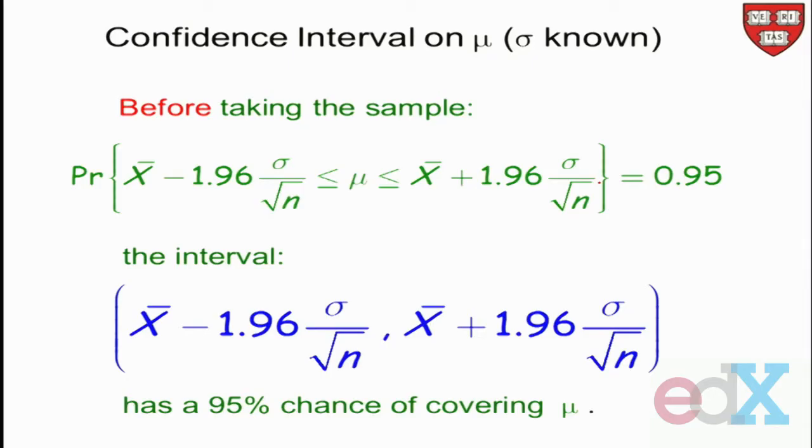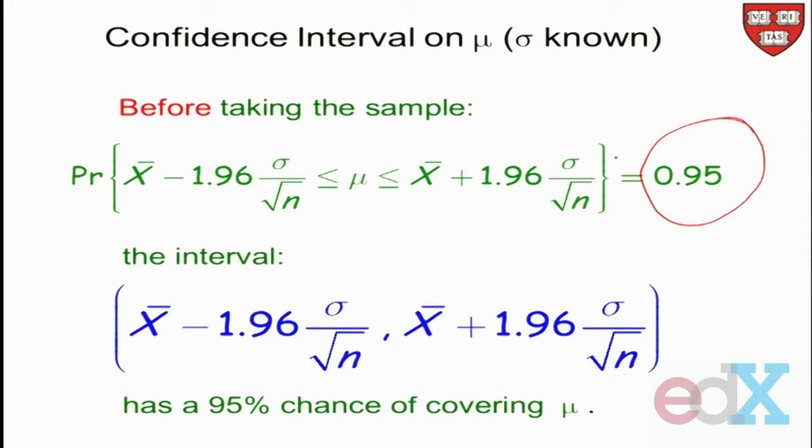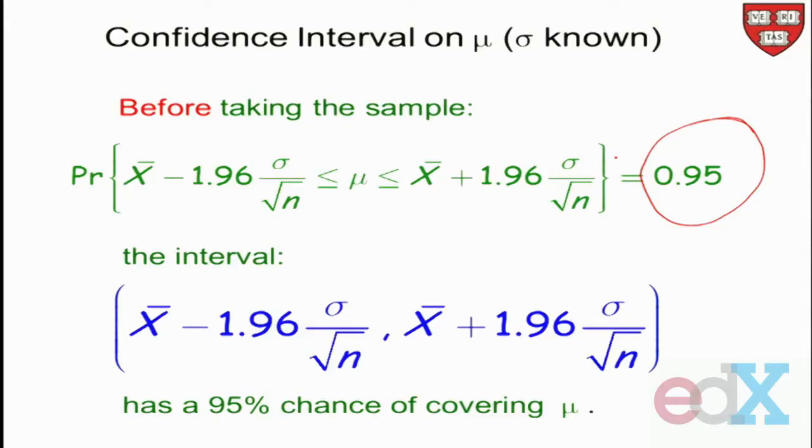So before we take the sample, we can make the statement that there's a 95% chance that it will do the right thing. So we're 95% sure, or we're 95% confident, that we will capture mu with this interval. All right? So there it is, this interval that varies from sample to sample.